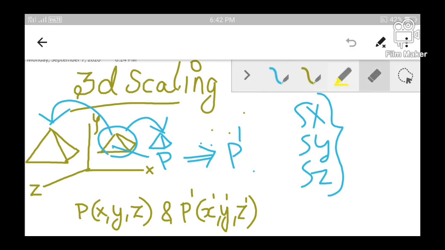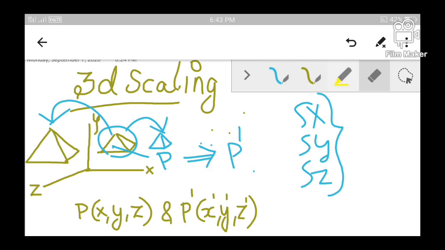And if all these scaling parameters are having values less than 1, then definitely the size of the object will be reduced. If all the scaling parameters are equal to 1, that means sx is equal to 1, sy is equal to 1, and sz is also equal to 1, then the object will not undergo any change in its shape or size. Object will remain in its current size only. It will neither increase in its size nor decrease in its size.